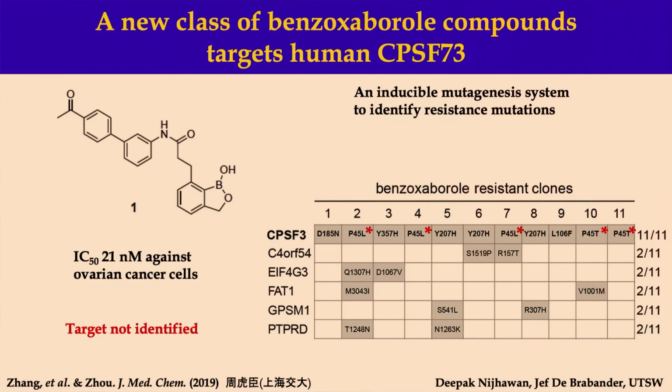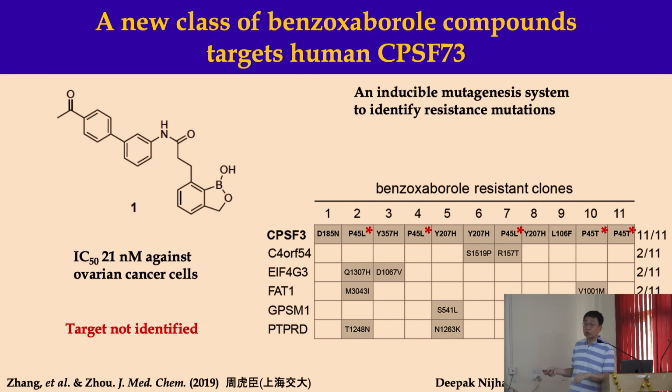Deepak and Jeff certainly were not expecting this. They found this, and they realized I'm the expert on CPS73, so they reached out to us and said, could you do a cleavage assay to show that this compound does inhibit the cleavage? I said, we can do that, but we can do better. We can get the structure of this compound bound to CPS73.